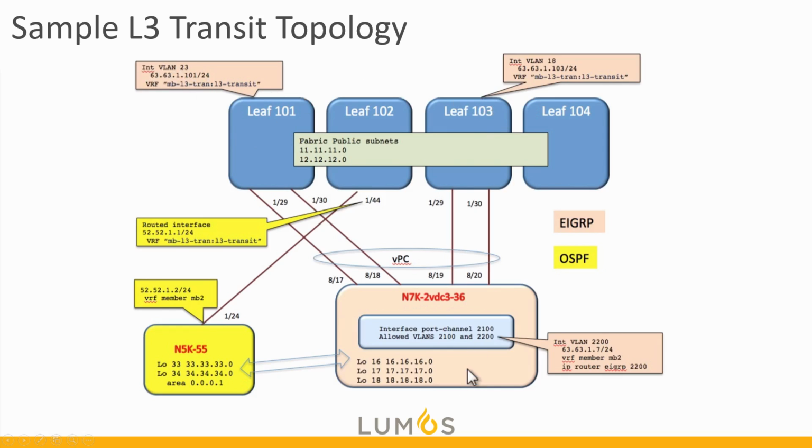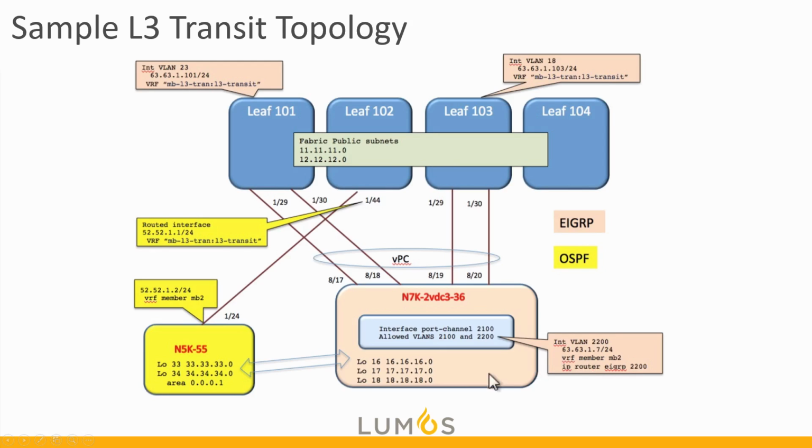Over on the N7K side, we see that we have an interface port channel 2100, and the VLANs that are allowed are 2100 and 2200. And the SVI is 63.63.1.7. And we see that we happen to be running it inside of a VRF.